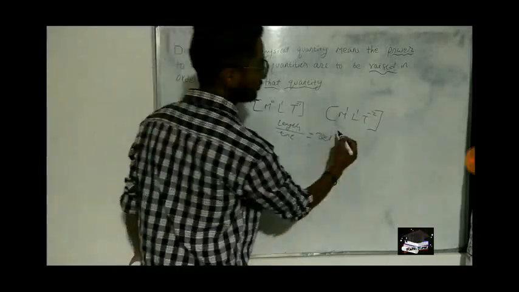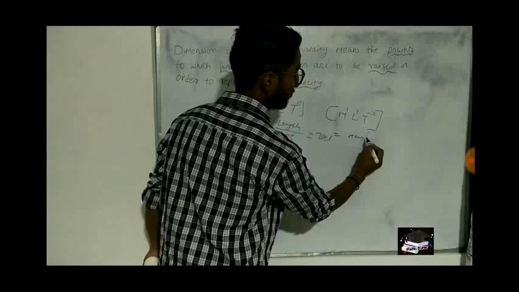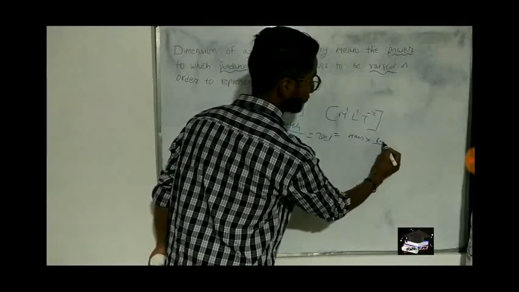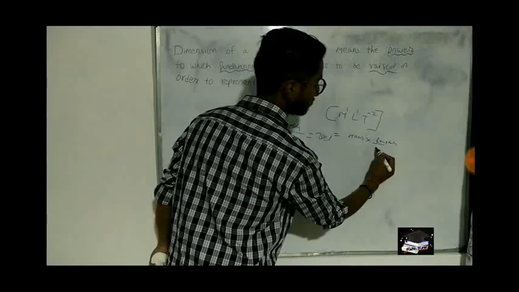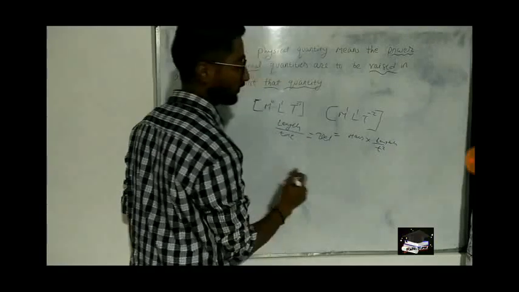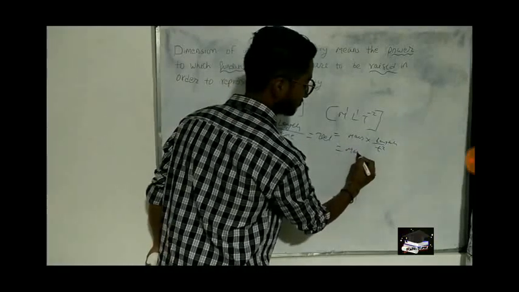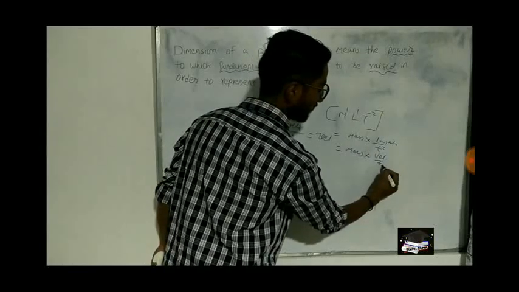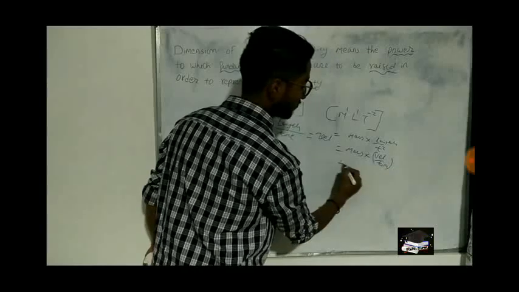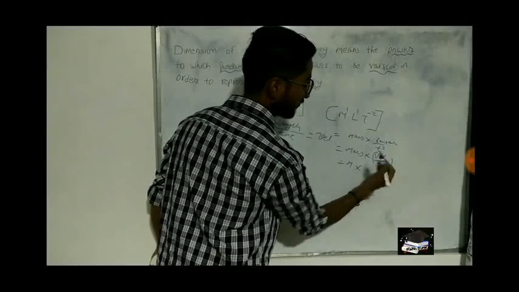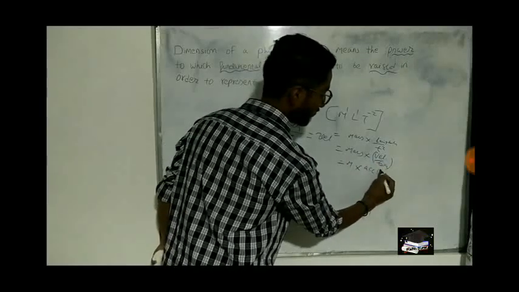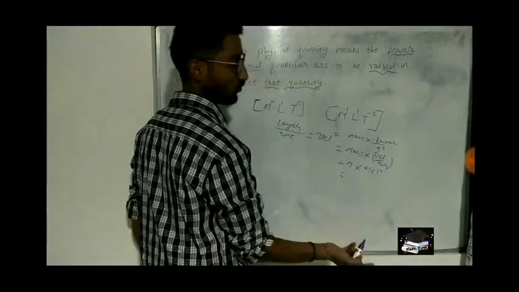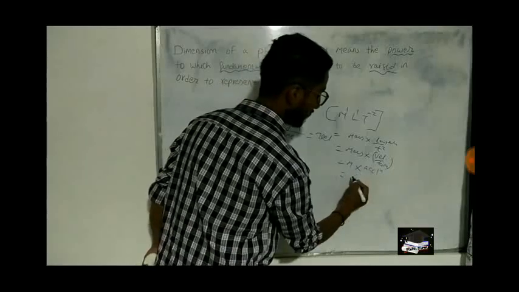Okay, so mass into length or distance by time square. Okay, so first mass into length by time is velocity, so we get velocity by time equals to mass into velocity by time is acceleration, so mass into acceleration is force equals to mass into acceleration.